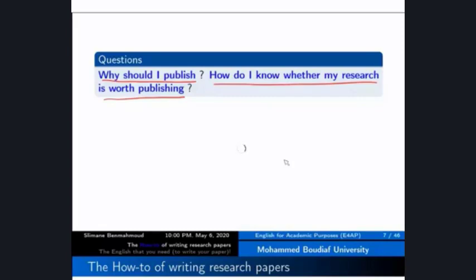Then you hit the search button, and you will be prompted with a list of journals where you can submit your paper. Even if it is your first paper, this does not mean that it will only be suitable for a marginal journal or not a very well-known one.